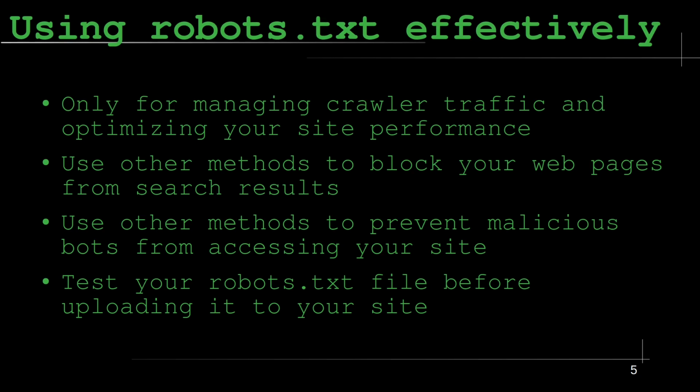These methods are more secure and reliable than robots.txt. Use other methods to prevent malicious bots from accessing your site, such as firewalls, captchas, or rate limiting. These methods are more effective and robust than robots.txt.